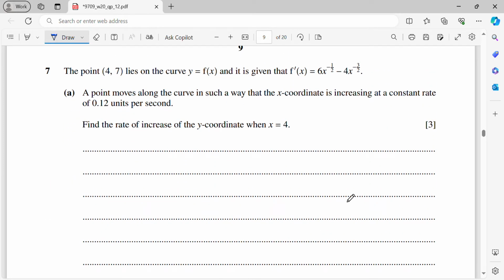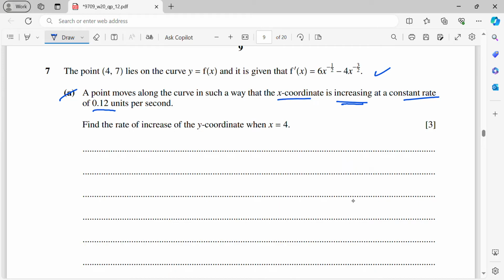Okay, question number 7. The point (4, 7) lies on the curve y equals f(x), and it is given that f prime x is this expression. Now, a point moves along the curve in such a way that the x coordinate is increasing at a rate of 0.12 units per second.